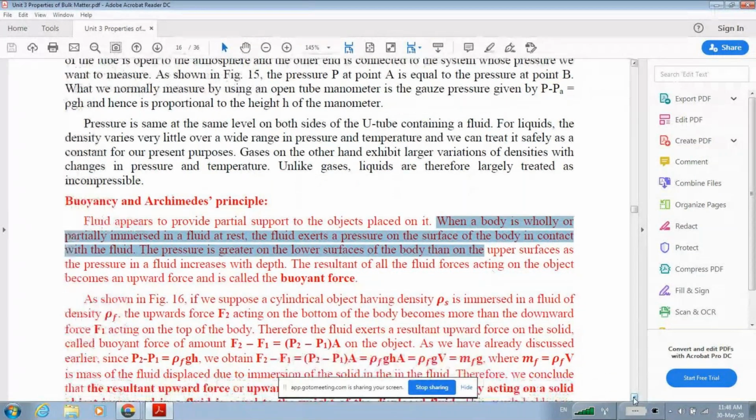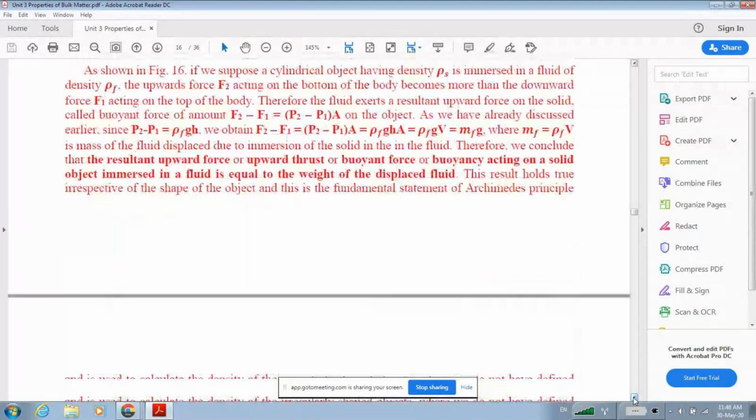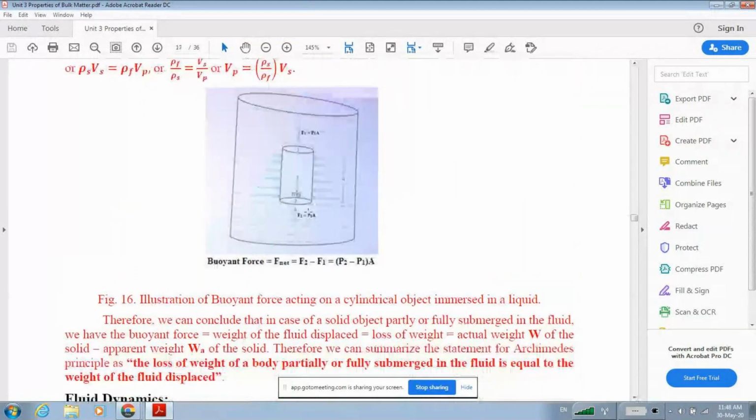So in this figure, we see that the pressure at the bottom is more than the pressure at the top, because as we go deeper into the fluid, the fluid pressure increases with depth. So at the bottom we have more pressure, P2, acting upwards, and at the top we have less pressure, P1, acting downwards on the area of cross section. So F1 downwards is less than F2, which is acting upwards.